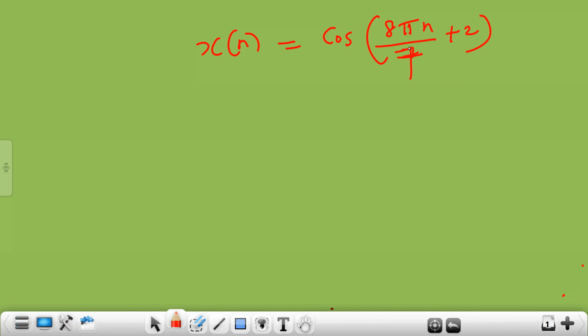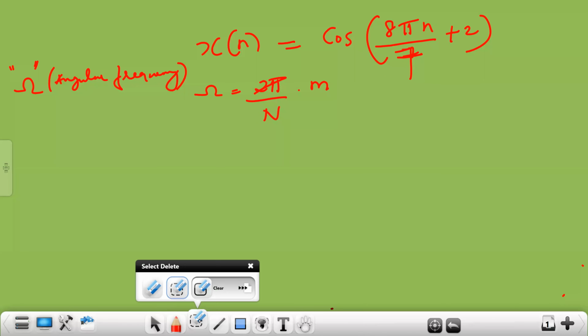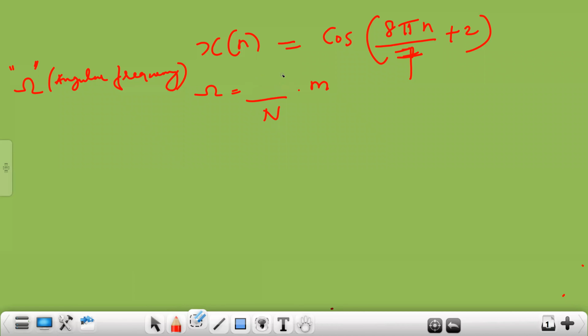The first step, don't write anything, please listen. The first step is to find the omega value. For a discrete signal, I'll call this omega, which is nothing but the angular frequency. The equation of angular frequency omega is 2 pi by N into small letter m.